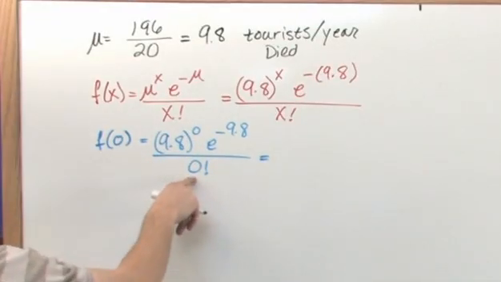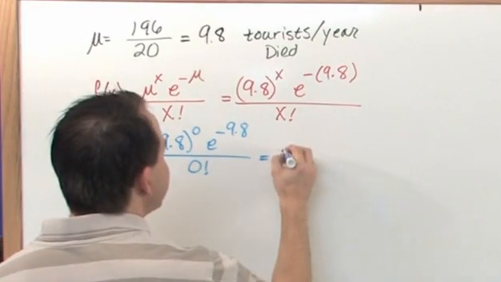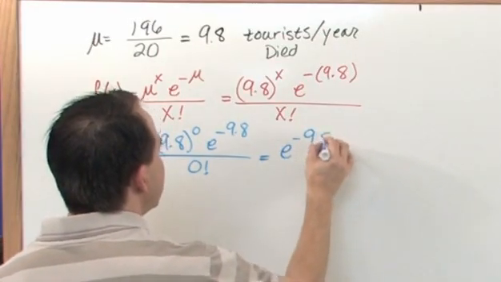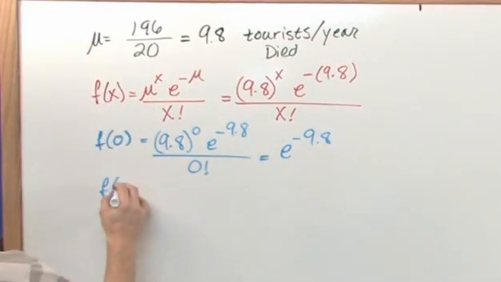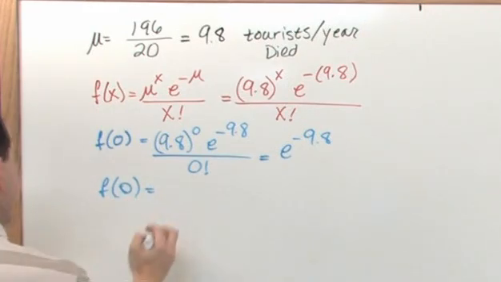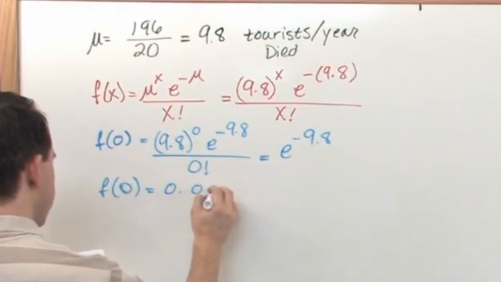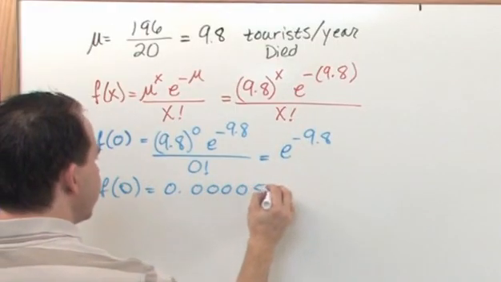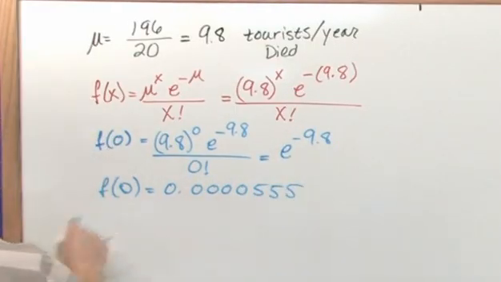And 0 factorial is also 1, so basically what you're going to have is e to the minus 9.8. So when you put that in your calculator and calculate what e to the negative 9.8 is, you would get 0.0000555.